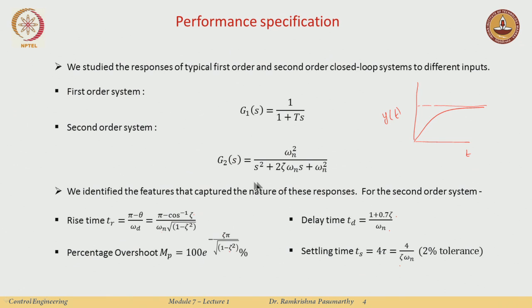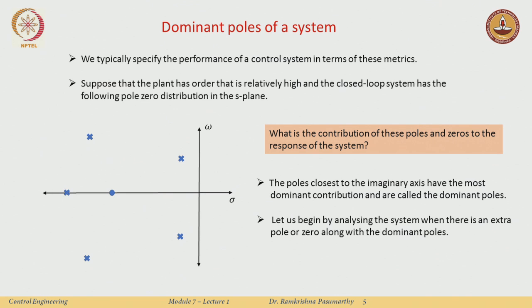So, how do we translate these design parameters or performance metrics to cases where we have, say, several poles in the system? Let us say I have a configuration like this. I have these 2 poles here, I have these 2 conjugate complex poles here, a pole here and a 0 here.